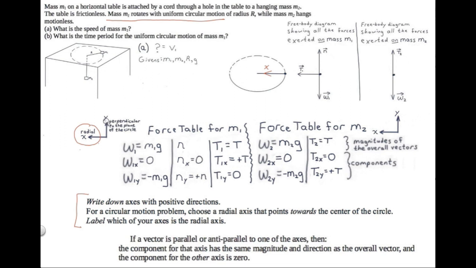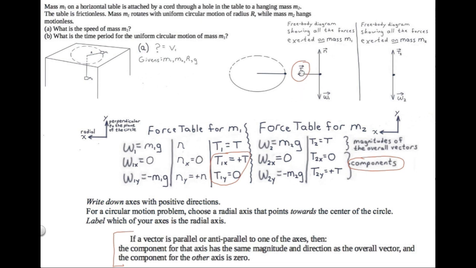Let's also choose a y-axis that points up. In this case, the y-axis will be perpendicular to the horizontal plane of the circle. For this problem, there's no reason why we shouldn't use the same axes for both object 1 and object 2. We can use this rule to break all of the forces into components.